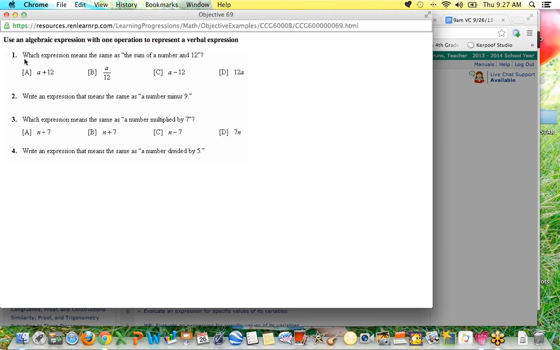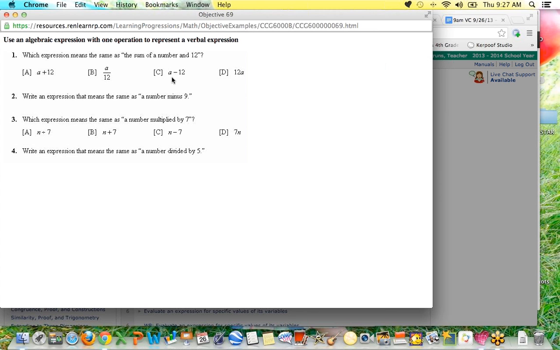Number 1 says, which expression means the same as the sum of a number and 12? Remember, when they're talking about any old number, just number, it's called a variable. So the sum of a variable and 12. Your first answer would be a plus 12. Your second answer would be a divided by 12.